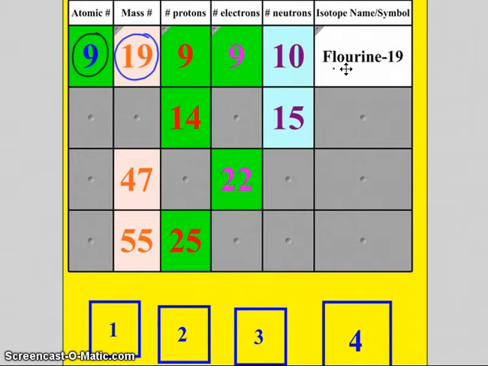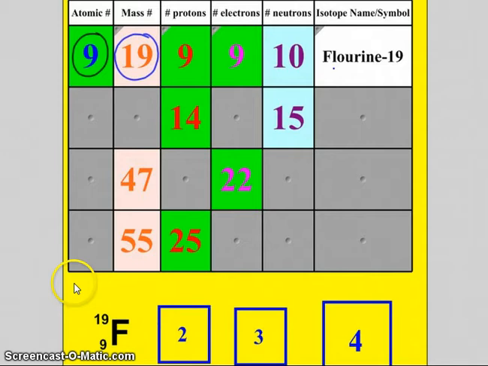Alright, as far as the symbol is concerned, I didn't have room for it up there, so down in here you see the square number 1, and I see that my symbol looks like this. F for fluorine, mass number on top 19, atomic number on the bottom 9. Written on the left hand side, superscript and subscript. So yes, the numbers have to be on the left hand side.